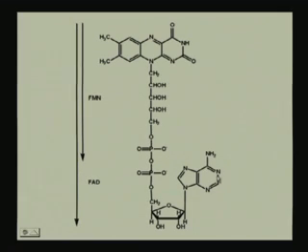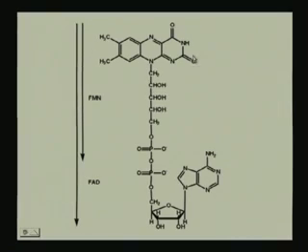But each of these we are going to refer to all of this portion as R. Okay. Now, depending on the energetics of the process, whether it is FMN attached to the enzyme or FAD attached to the enzyme, the reaction will proceed accordingly.